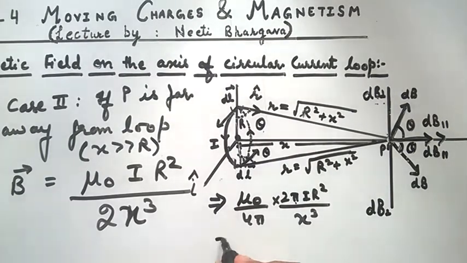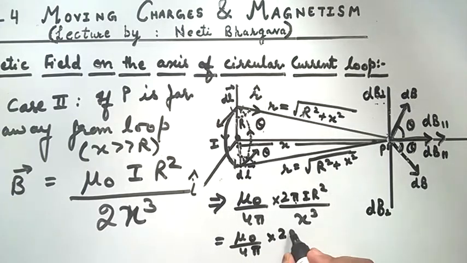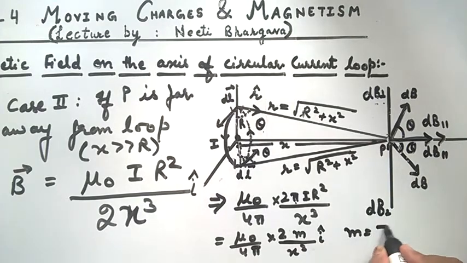So we can write mu naught by 4 pi into 2 m by x cube i cap, where m is equal to current into area. m is known as magnetic dipole moment.